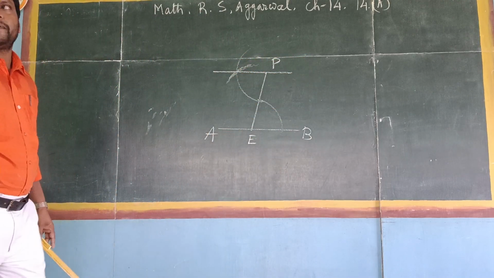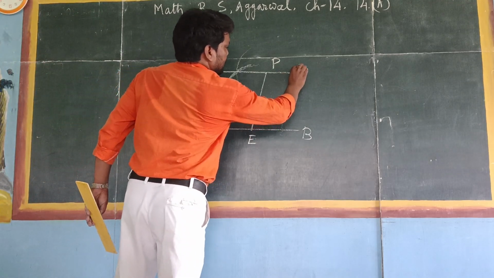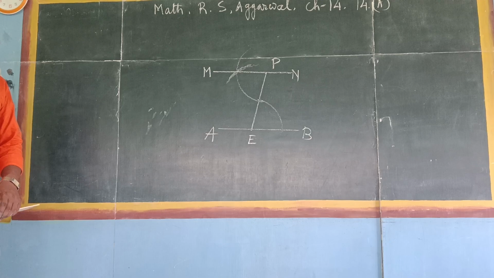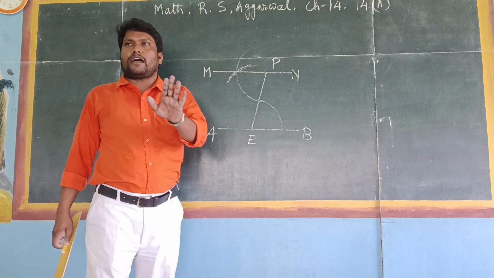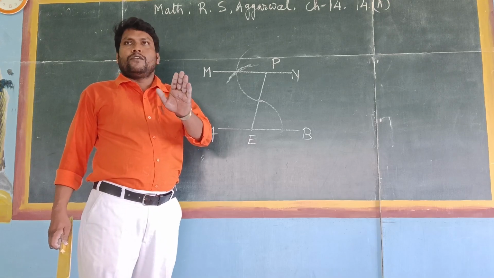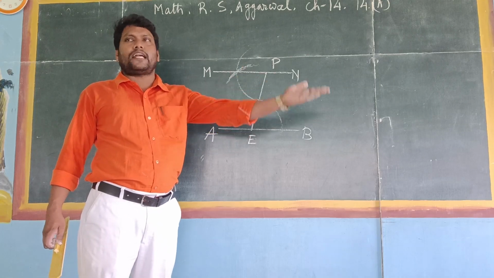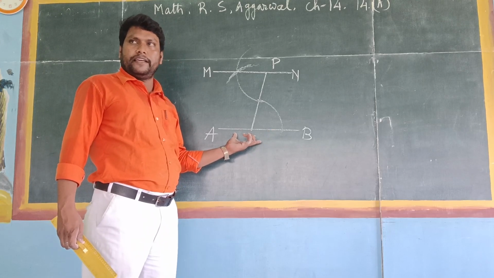So this is the line MN that was said in the question. I am recapping again. How to construct a parallel line to a given line from a point outside the line. At first I have drawn a line segment AB.